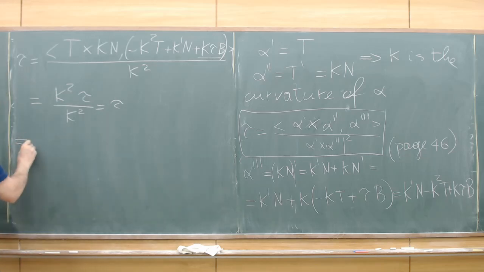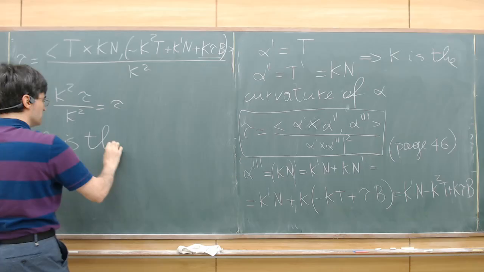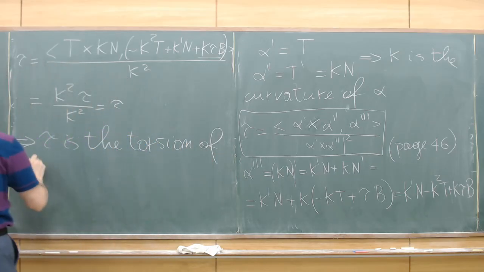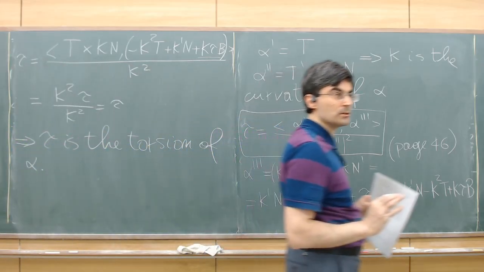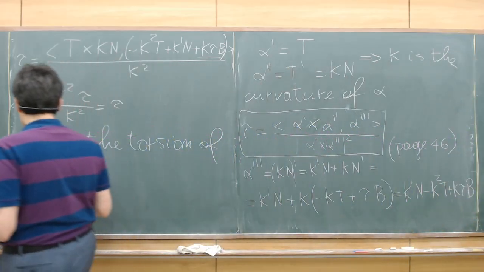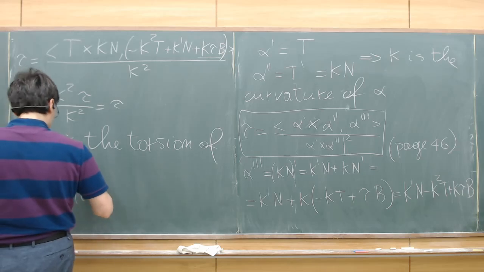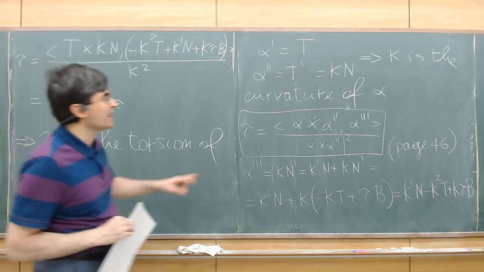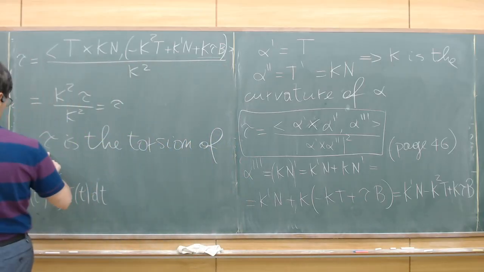So this says that tau is the torsion of alpha. So we proved that the curve alpha of t equal to the integral of T of t dt is the curve having k as curvature function and tau as torsion.